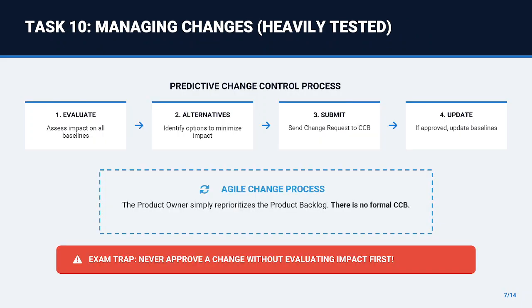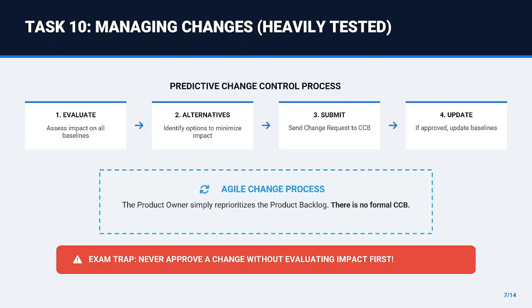Task 10 is perhaps the most heavily tested process, managing changes. Look at the flowchart on the screen. In a predictive environment, any change to a baseline must go through the formal integrated change control process.